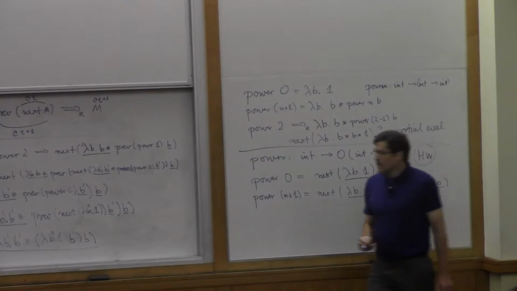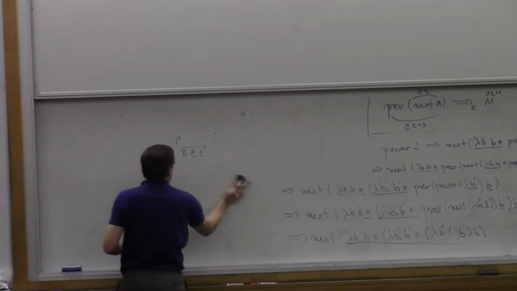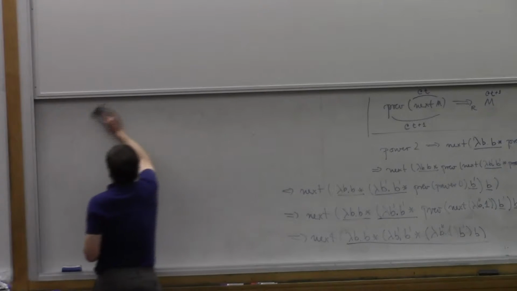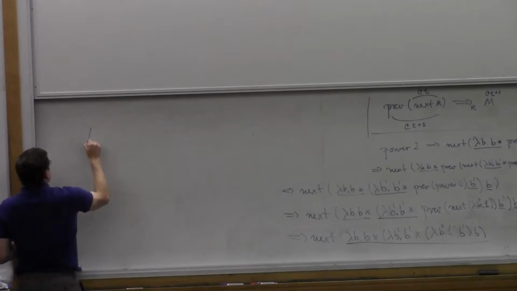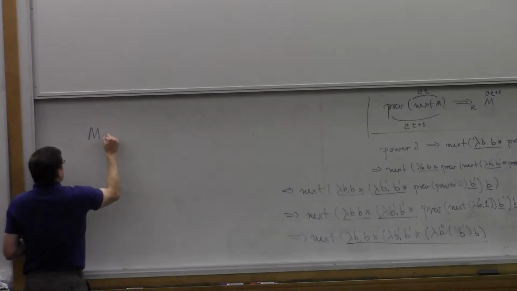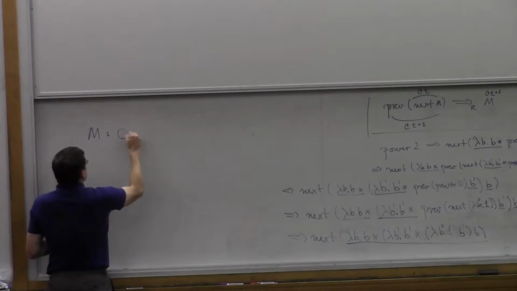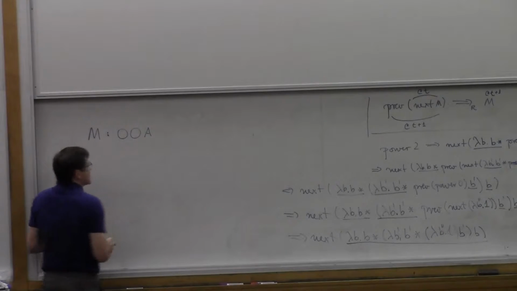And now, how does computation proceed in general in this staged language, in this partial evaluation language? It's actually pretty straightforward. We start with an m, and let's say, for the sake of argument, we have 2 stages.